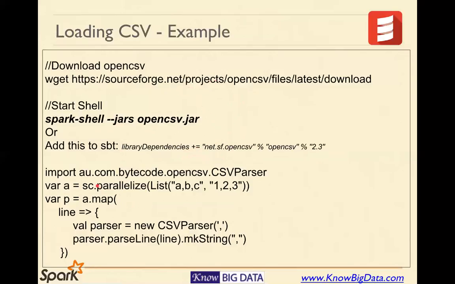Now we are saying import this particular CSV parser, and then we are loading the data in a normal way where every record is a text line. And then for every record, we are calling the CSV parser and parsing the data. This will basically break it down into values. Further, here we could also say flatMap instead of map.